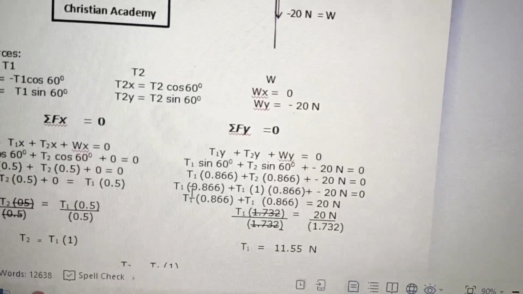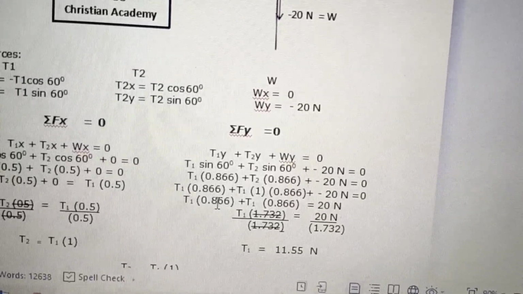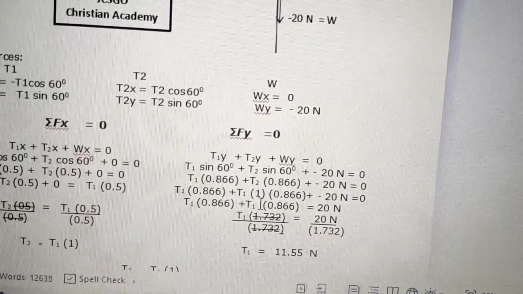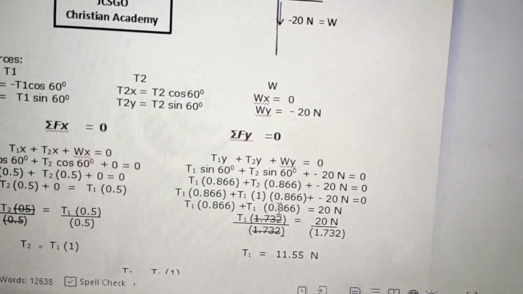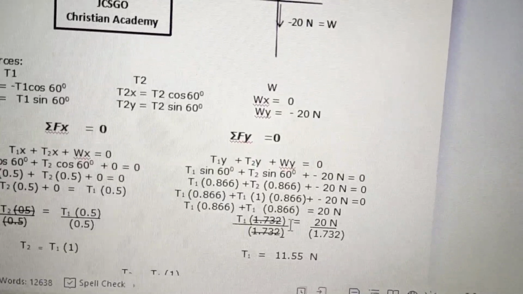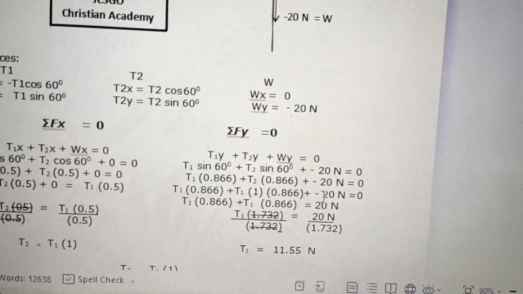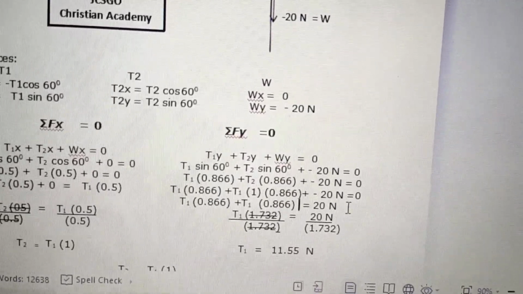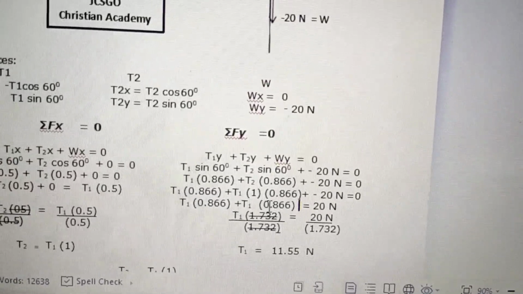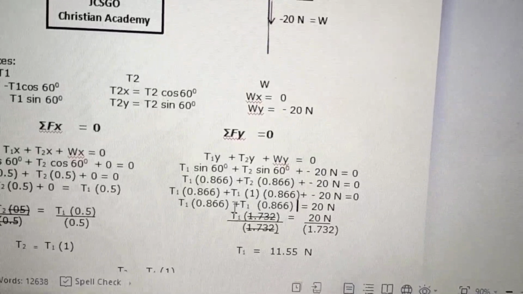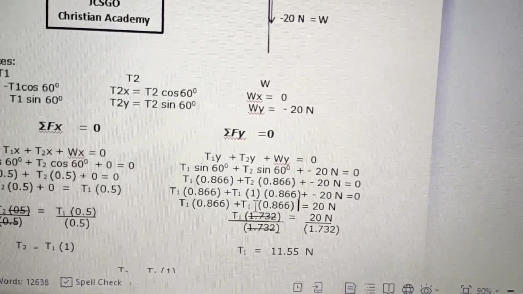So we copy T1 times 0.866 plus T1 already. T1 times 1 is T1 times 0.866 is equal to, we transpose negative 20 to the other side, so it becomes positive 20. So since they have the same subscripts already, we can add.